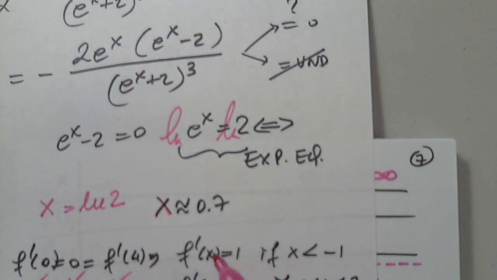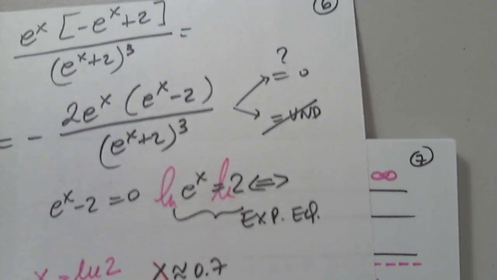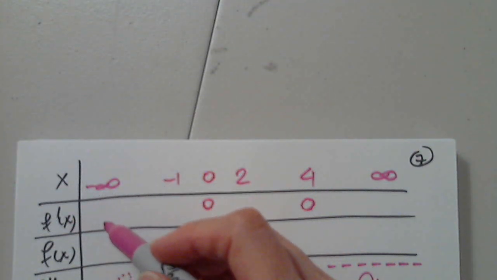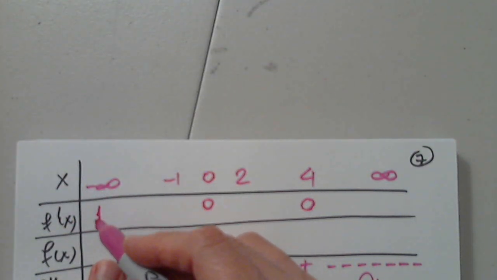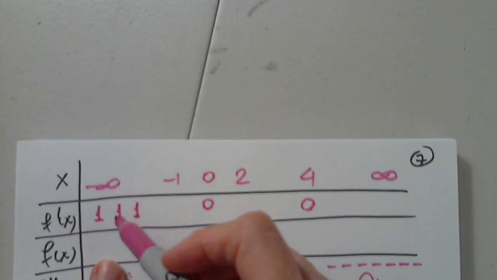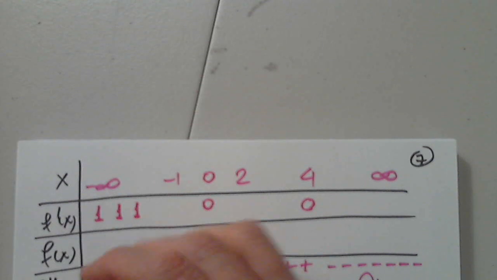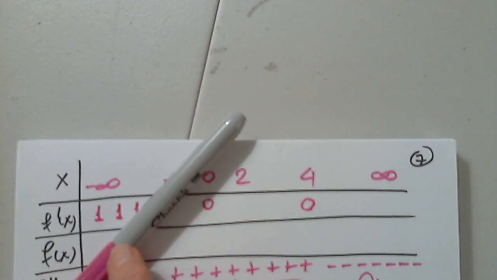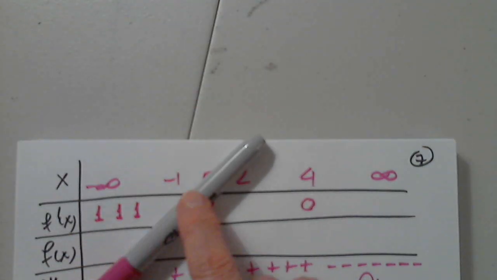Okay, here. F prime of x is 1 for any x less than negative 1. For any x less than negative 1, the first derivative is 1. Which means if the slope is 1, that piece must be a straight line, because only a straight line has a constant slope.